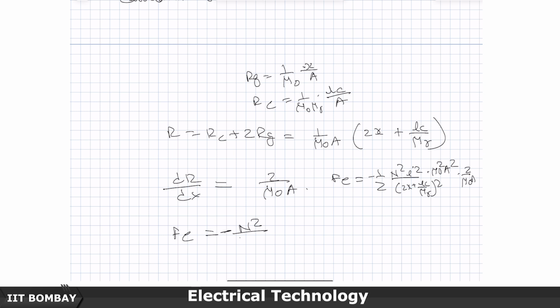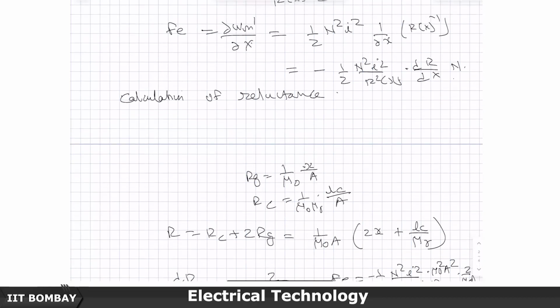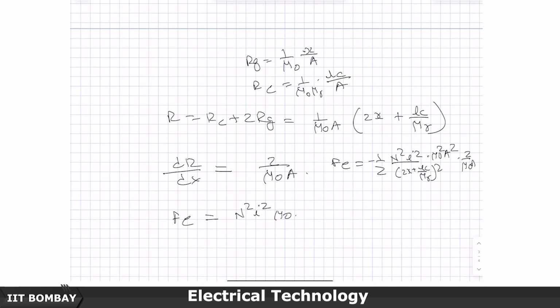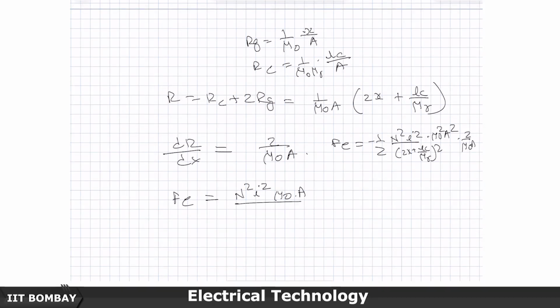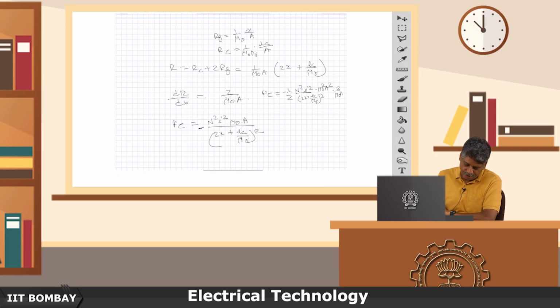So, minus comes out common: minus of n square I square mu 0 a, divided by 2 x plus L c by mu r whole square.